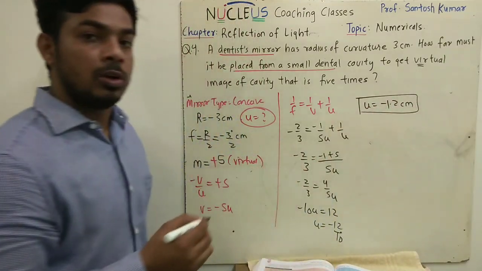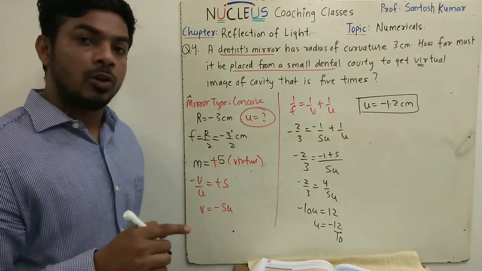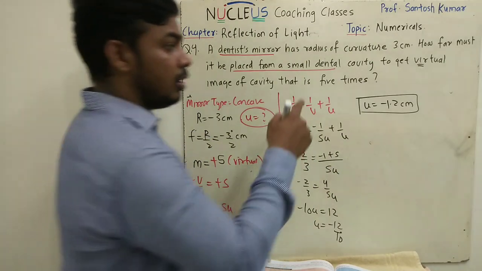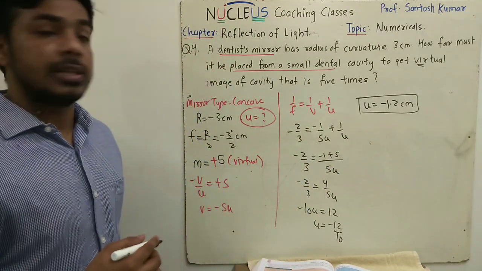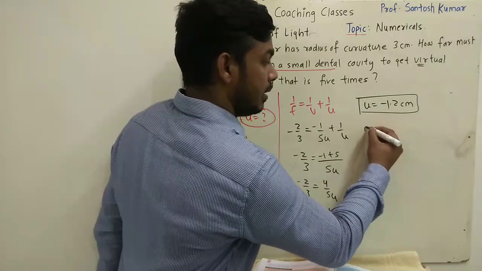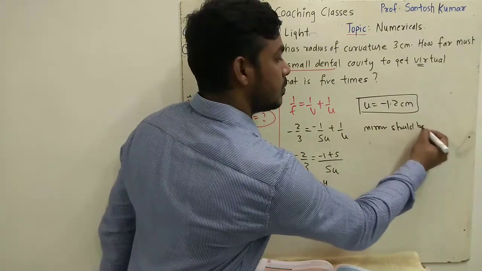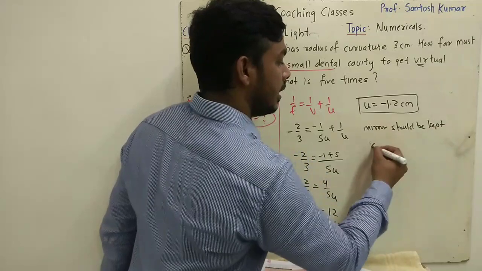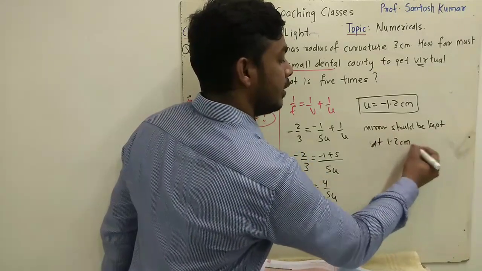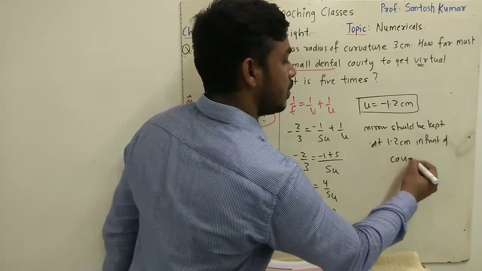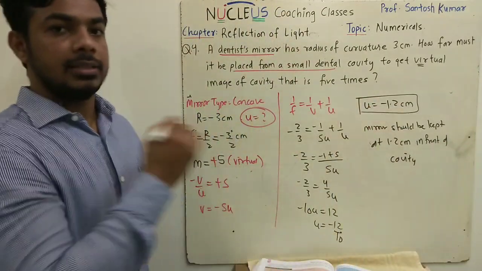I have already told you, whether you solve for the value of u or you use the value of u, it will always be negative. To use -1.2 centimeter, that means the mirror should be kept at 1.2 centimeter in front of the cavity. That is the required answer.